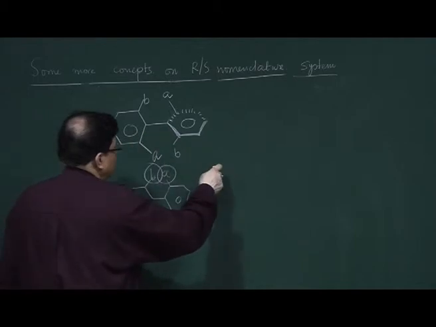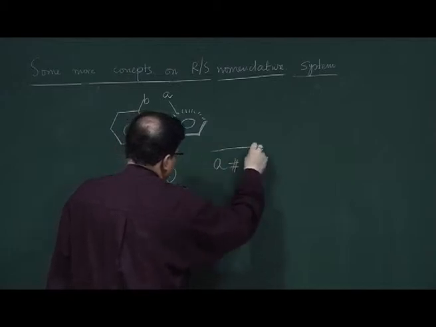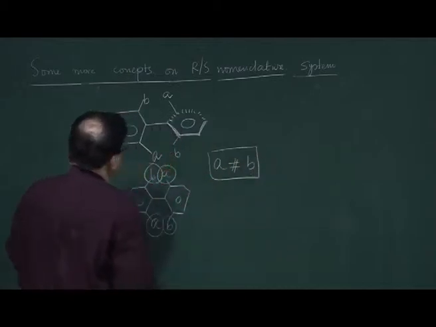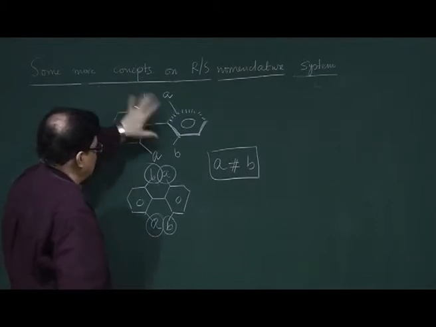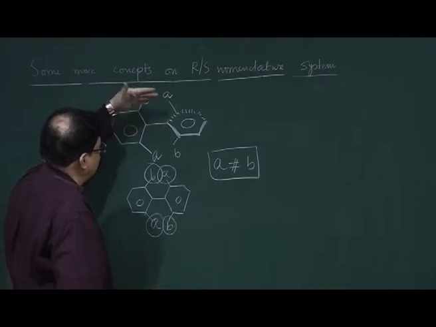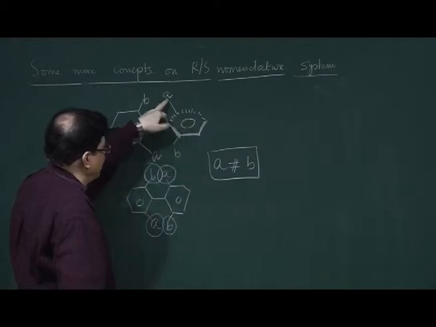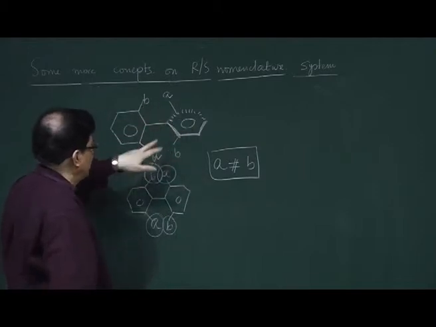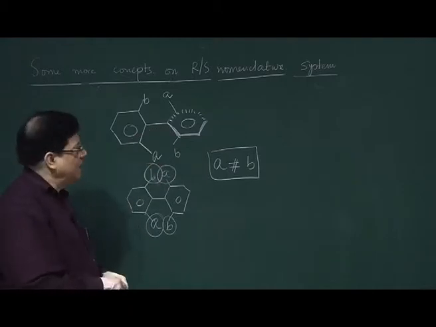Again the condition is similar: A should not be equal to B, but there is no restriction on whether this is the same as this or not. That is not the question. The important thing is whether the groups at the ortho positions of a particular ring are different in both the rings. If that is the case, then that becomes a chiral molecule.